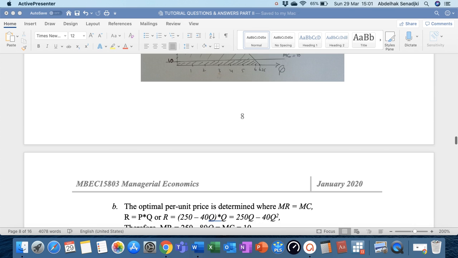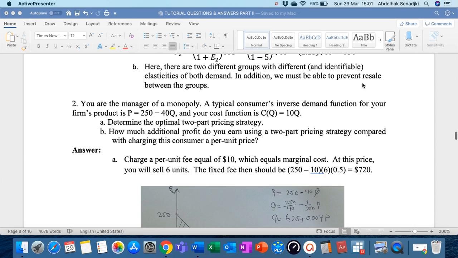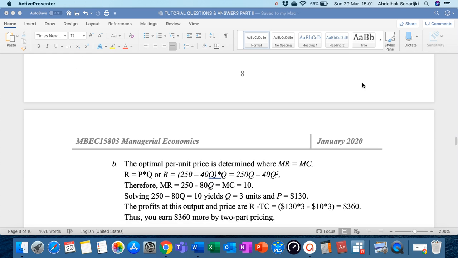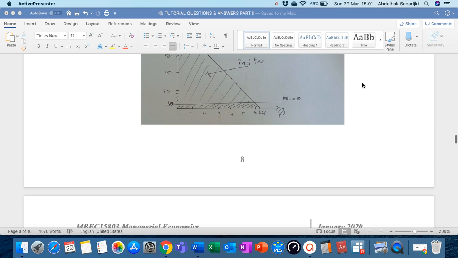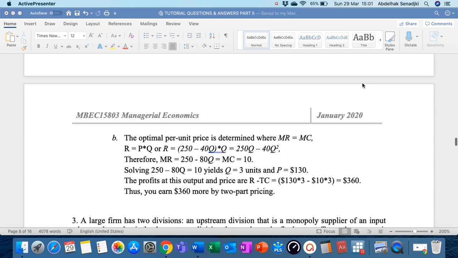Then the second question is, how much additional profit do you earn using the two-part pricing strategy compared with charging this consumer a per unit price? So if we charge a per unit price instead of two-part pricing, we will produce where the marginal revenue equals the marginal cost. So what is the marginal revenue?